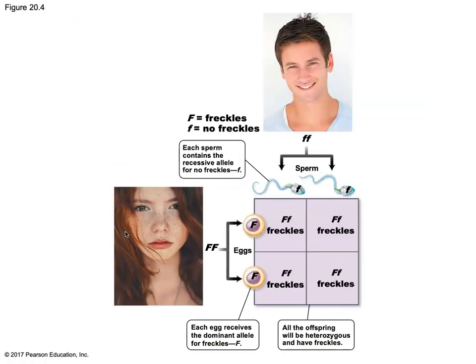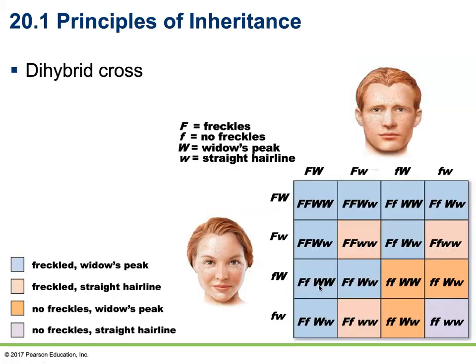But let's take a look at what that's going to actually look like as a diagram. So if we were going to cross, we've already looked at this particular cross for a homozygous dominant against a homozygous recessive. We're going to end up with an entirely heterozygous population.